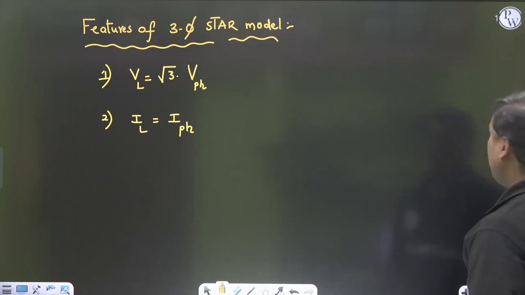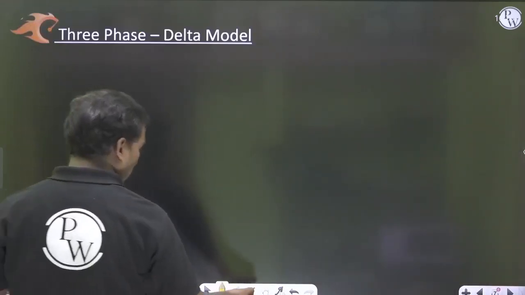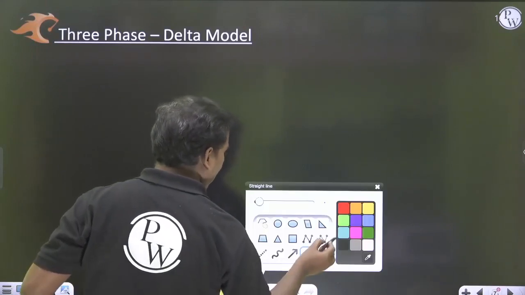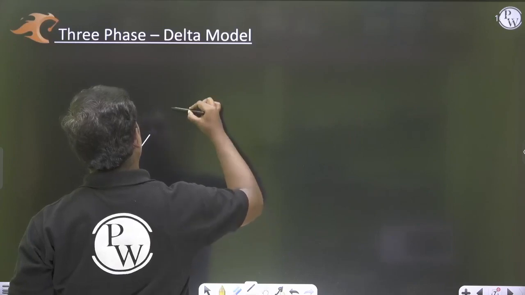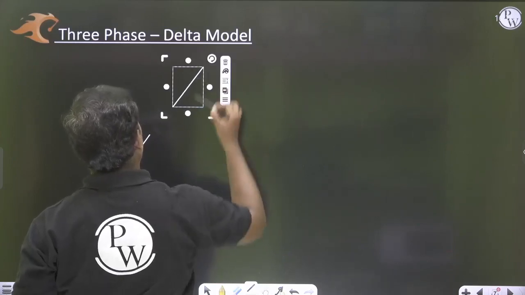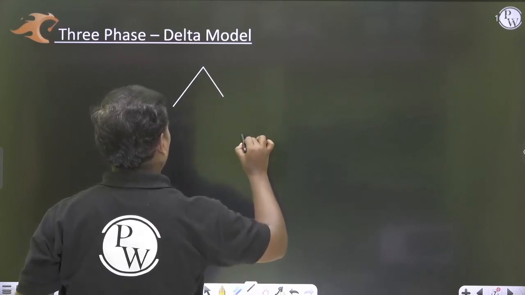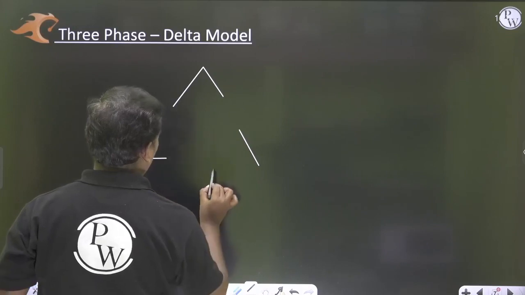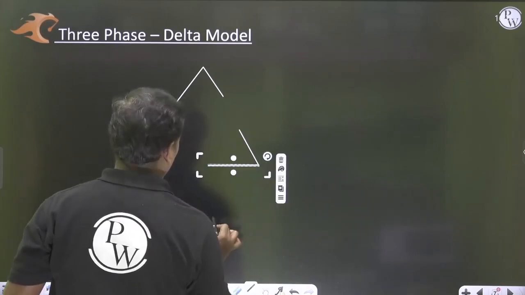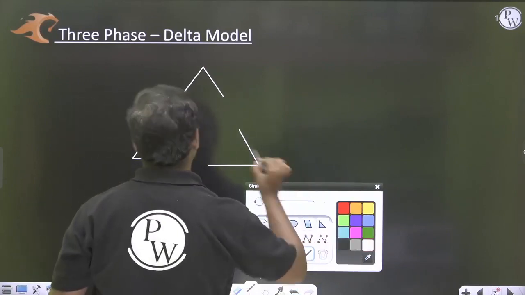Next, coming to the delta model. How will a delta model look? For the delta model, we take a triangle, like a delta.